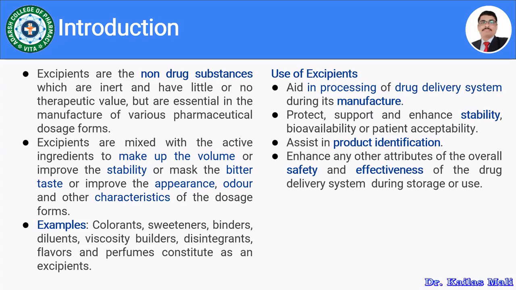Apart from these, there are many other excipients which are used to manufacture pharmaceutical dosage forms and cosmetics. With this brief introduction, let us move towards the use of excipients.